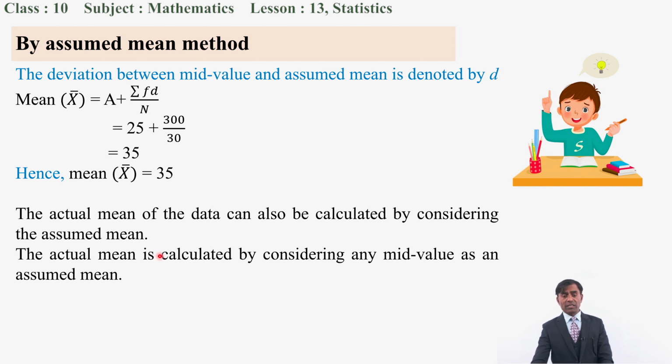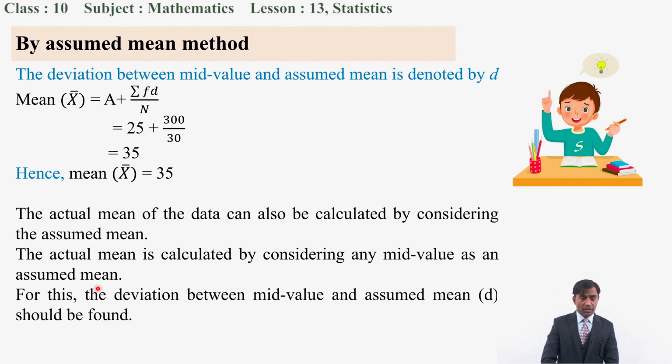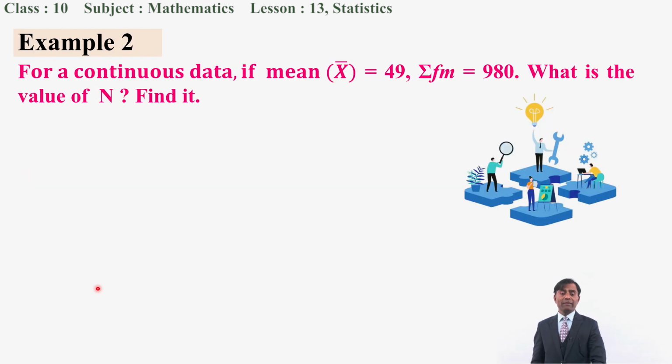So actual mean is calculated by considering any mid value as the assumed mean. For this, the deviation between mid value and assumed mean, that is D, should be found. To find the mean by the assumed mean method, we have to find D, which we have found.